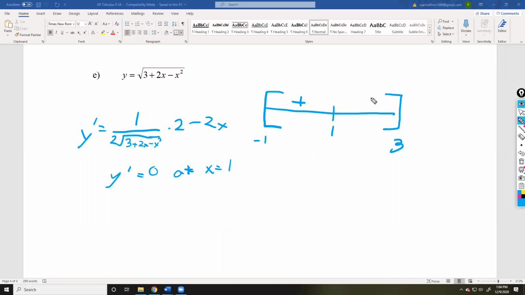And then let's take a number between 1 and 3. An easy number to pick would be 2. I would get 2 minus 2 times 2 over 2 times the square root of a bunch of stuff that's going to end up being positive. So I'm going to have a negative on top over a positive, which is a negative.